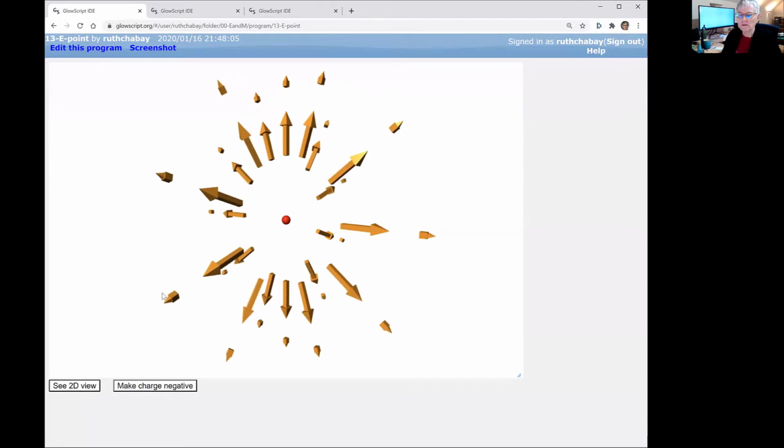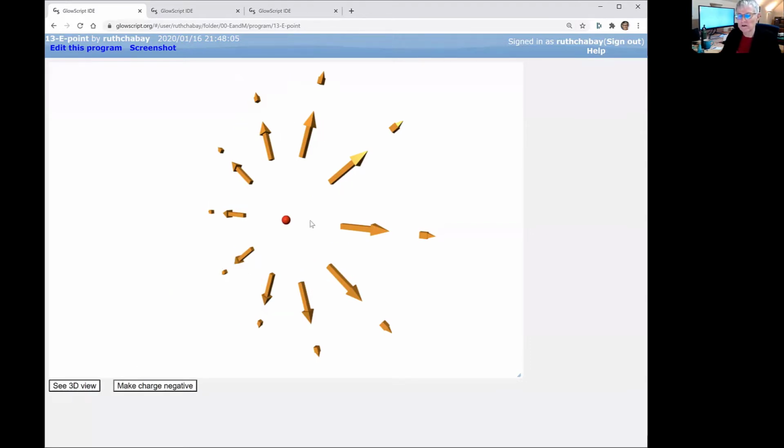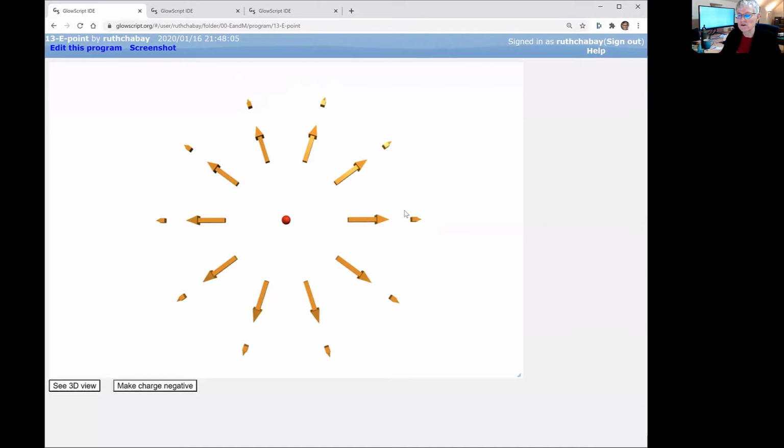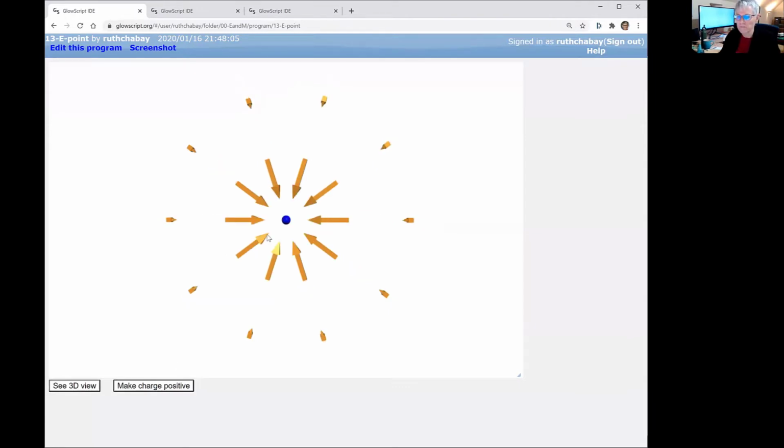So think for a minute about what's going to change if I make the charge negative instead of positive. So let's replace our positive charge with a negative charge.